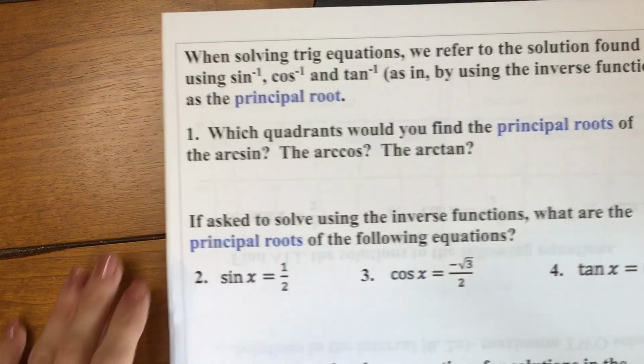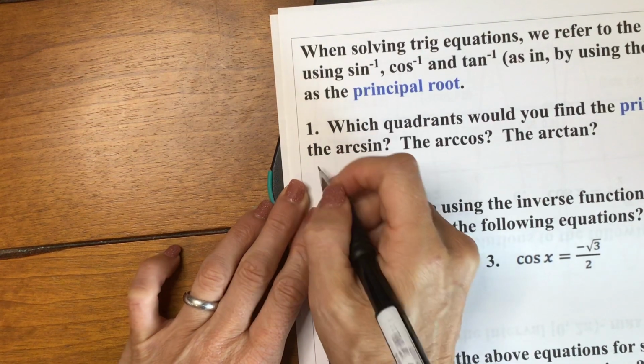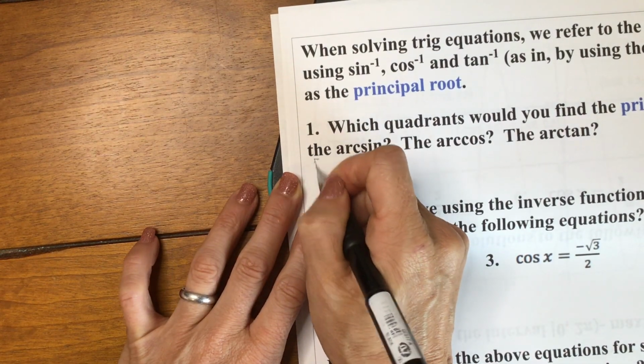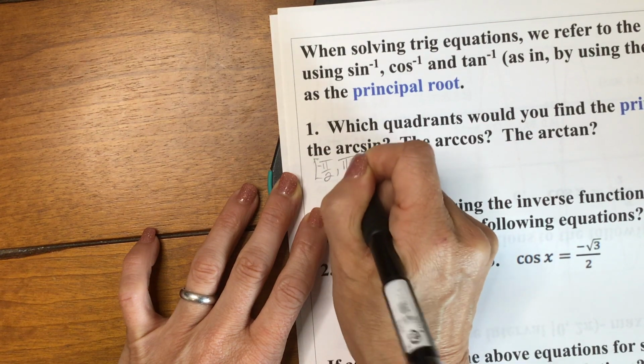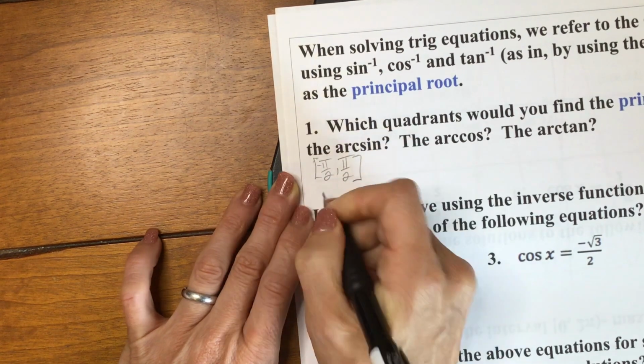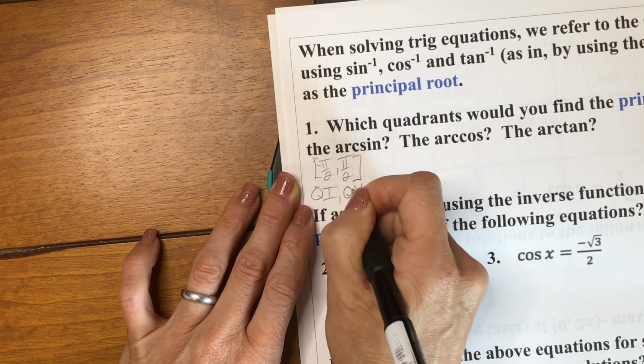So arc sine, remember, the area that we're looking at for arc sine is negative pi over 2 to a positive pi over 2, and that's quadrants 1 and 4.